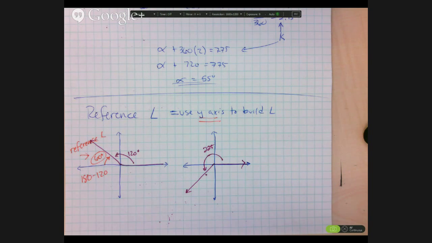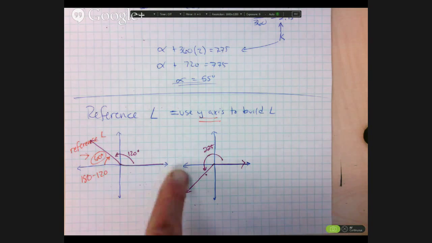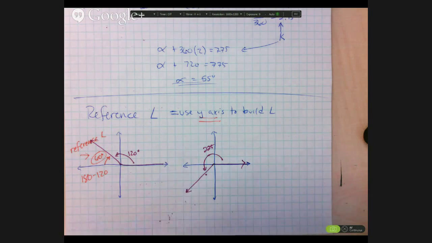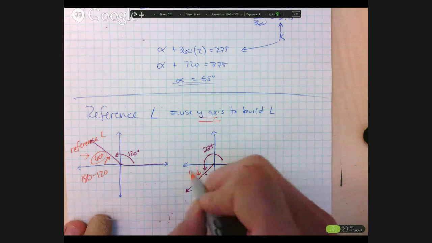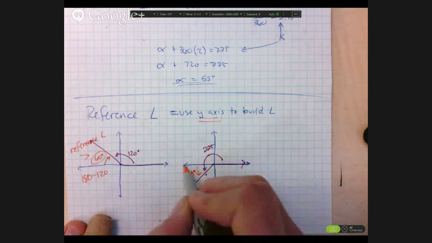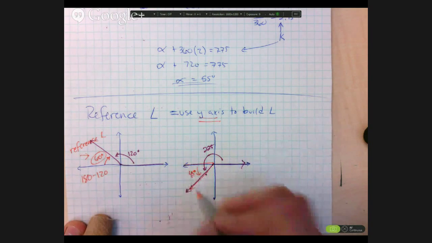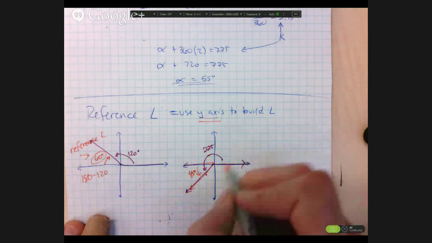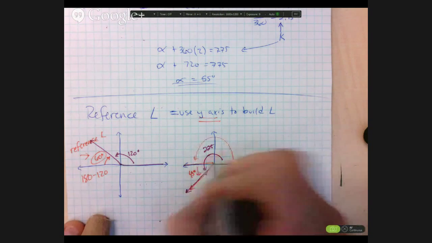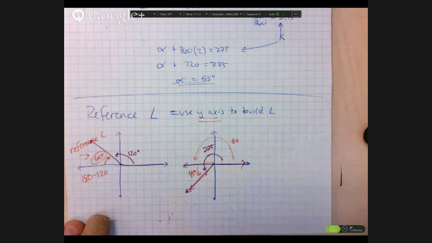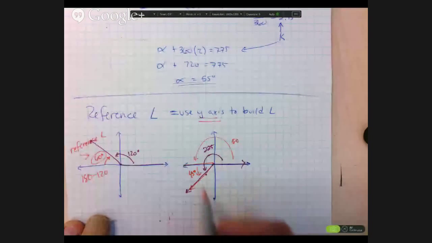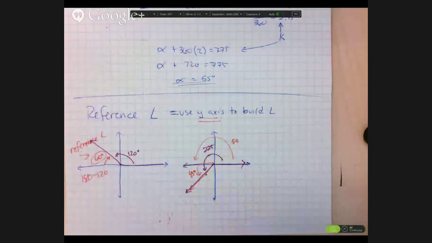The closest y-axis is this one, right? It's got to be under 90 degrees. That's the reference angle right there. It's formed with the y-axis. Okay, this is 180. So 225 minus 180 is 45 degrees.